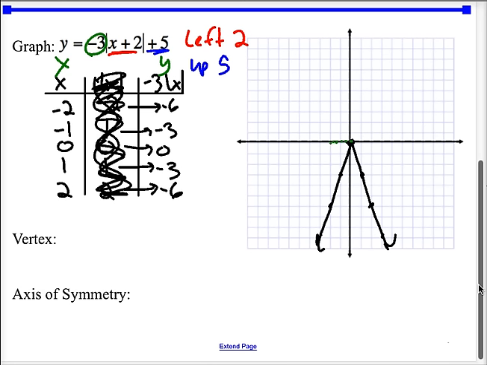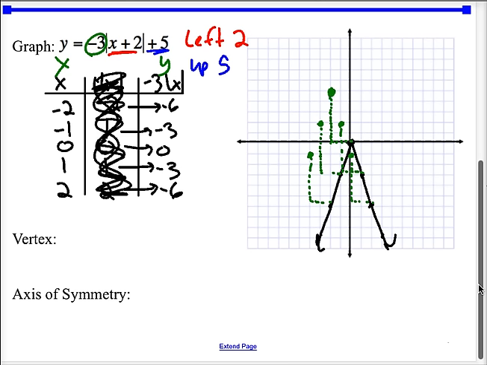Left 2, up 5. 1, 2, 3, 4, 5. So there's my point. Let's take this one, left 2, up 5. Same thing here, left 2, up 5.